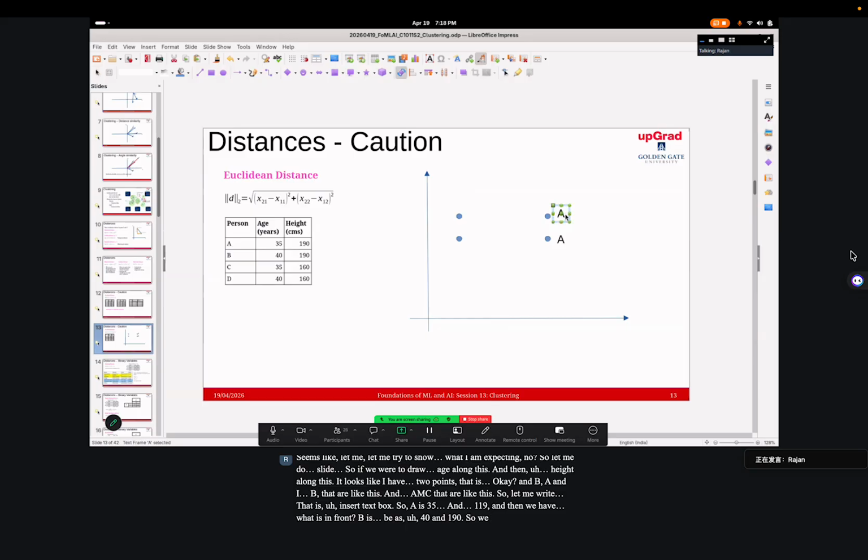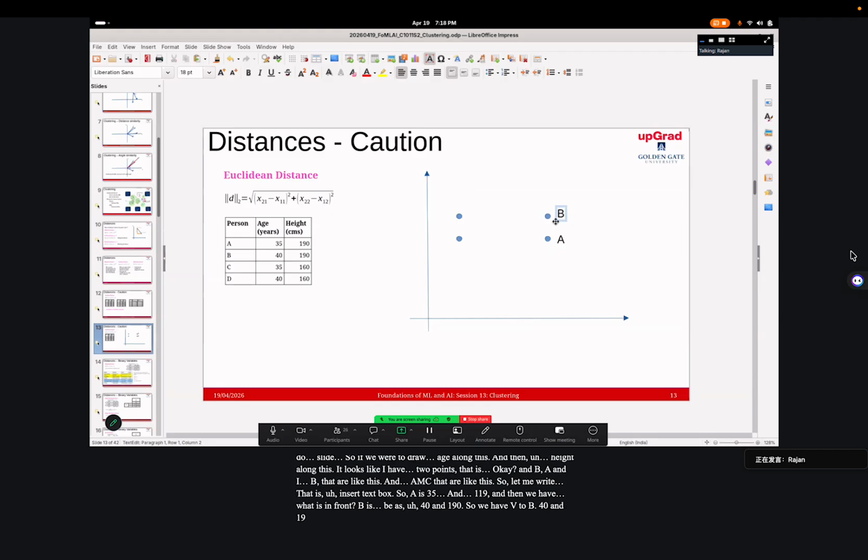C is 35 and 160, and then we have D to be this.